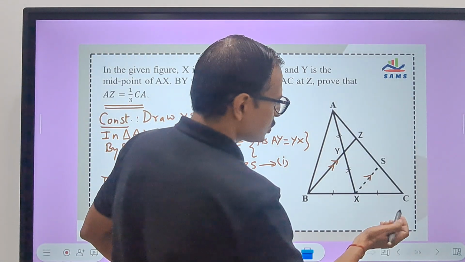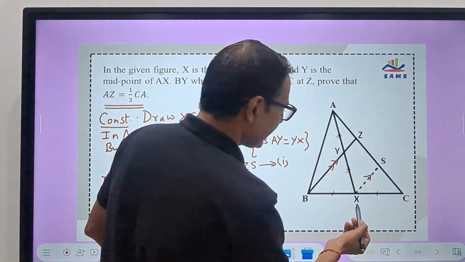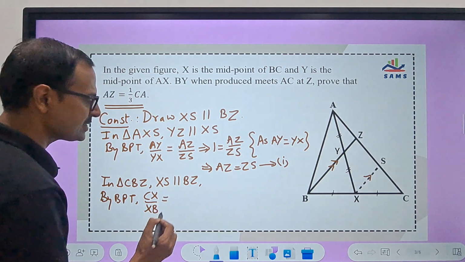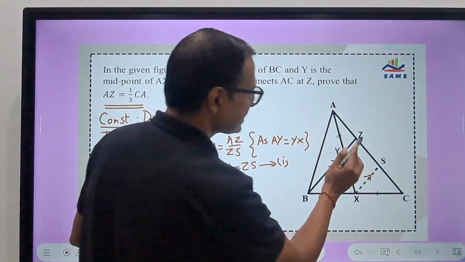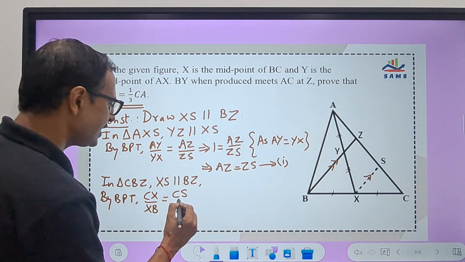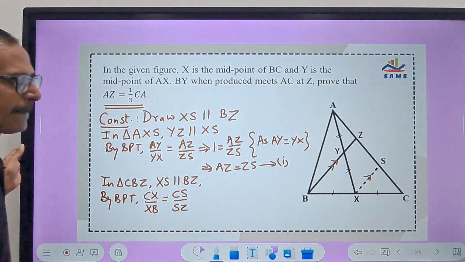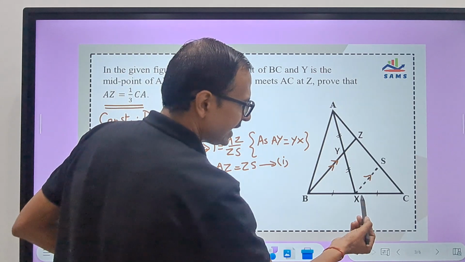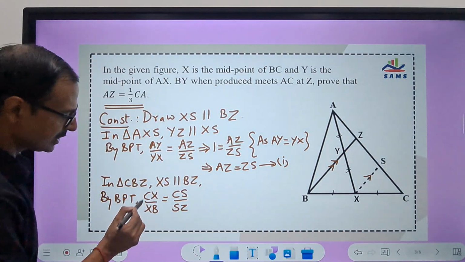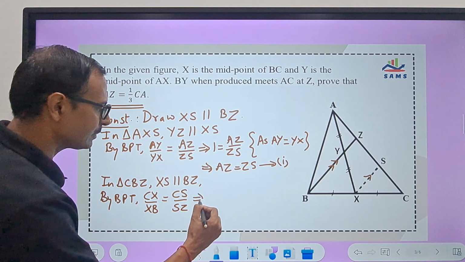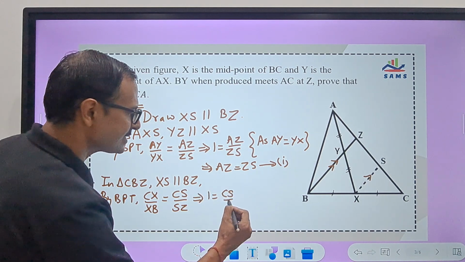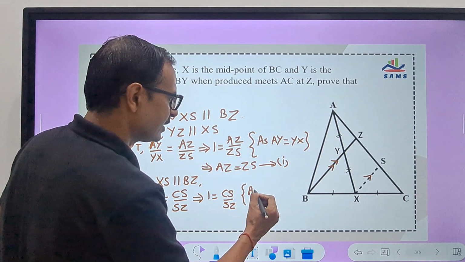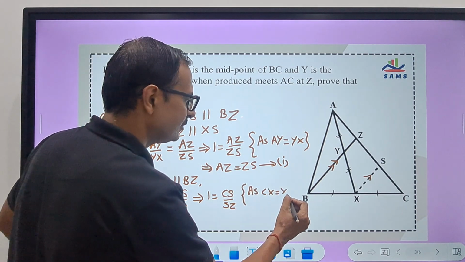So let's start with the ratios from C. CX and XB, the ratio is equal to CS and SZ. Now again you can see X is the midpoint, so CX and XB are equal. So this ratio will become 1. That means 1 is equal to CS upon SZ. Give the reason as CX is equal to XB.